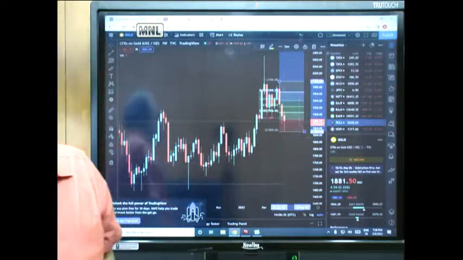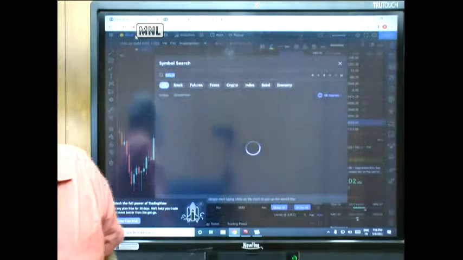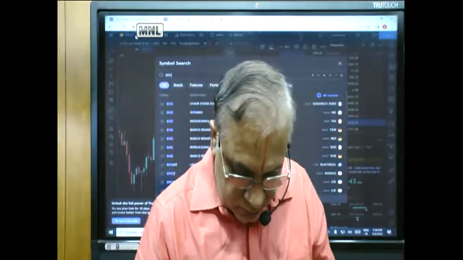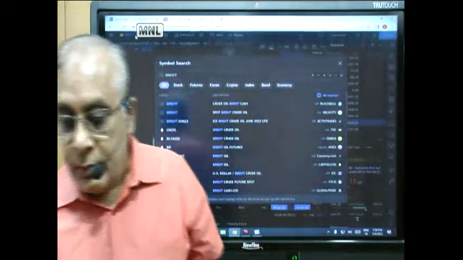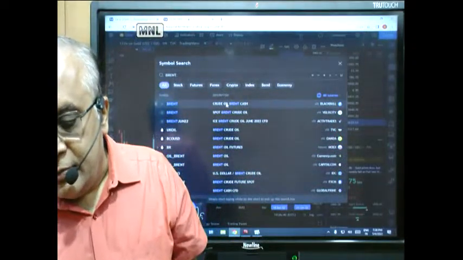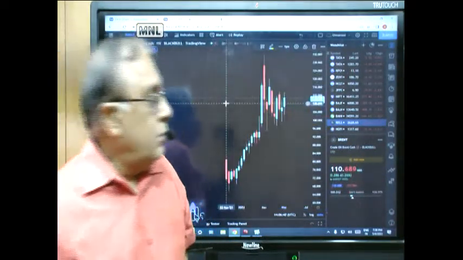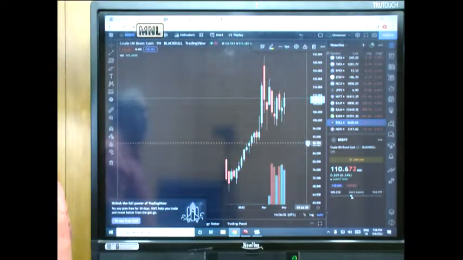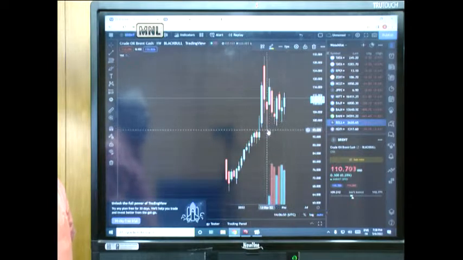So we look at Brent crude now. There was a Brent crude oil crash. On a weekly chart, say 1, 2, 3. So this is an important low.